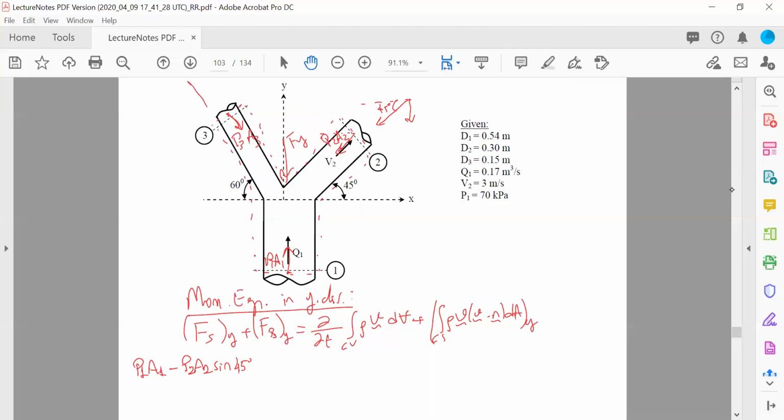Similarly, for this one, as this angle is 60, this angle is again 60 degrees, so that we need to again look for this component for the y direction. It is P3A3 sine 60 and in the negative direction.